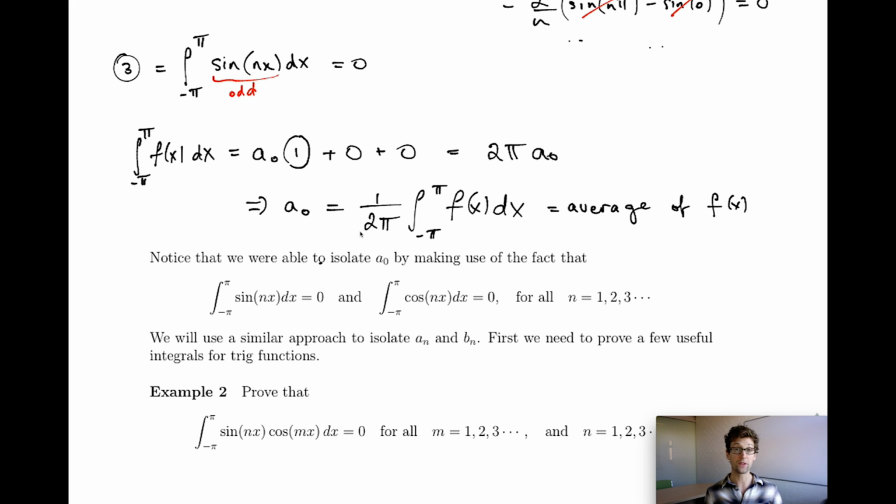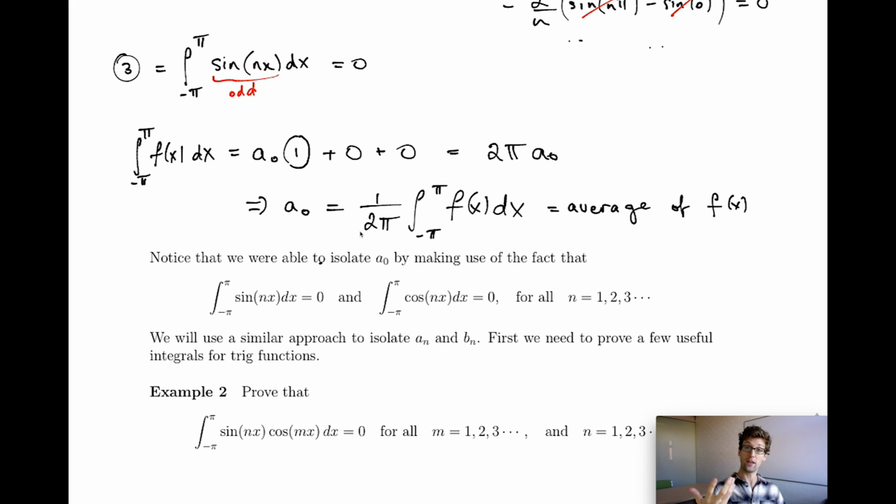And this is a really useful idea, because in many cases, as soon as we sketch our function, it'll be very obvious what the value of a0 is, because it's going to be just the average value of that function. And so we can also interpret what a0 means. It's telling us how much we have to shift up before we start adding in sines and cosines.